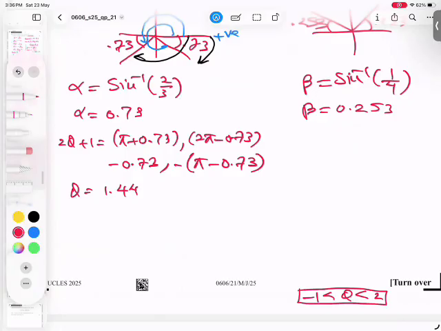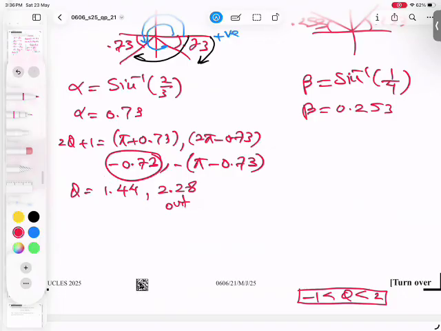So this is clear, this answer is in the range. What about the second answer? So I'm checking this as well: 2 pi minus 0.73, minus 1 and divided by 2. Now my answer is coming 2.28, which is out of range.